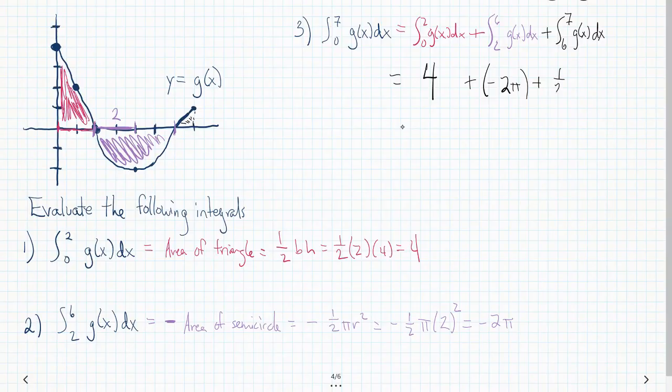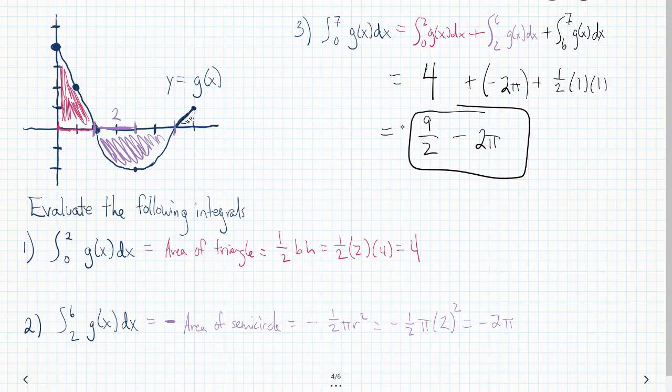So you have 1/2, 1 times 1. Okay, and that's positive because it's above the x-axis. So that's 4 is 8 over 2. So you can write this as 9 over 2 minus 2 pi, and you're done. So you have each of those answers sitting right there for you.